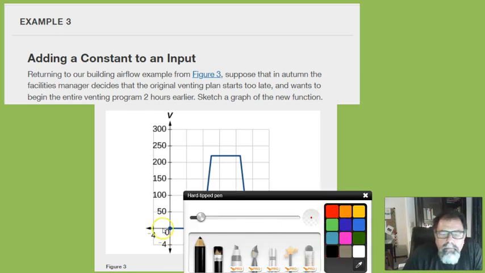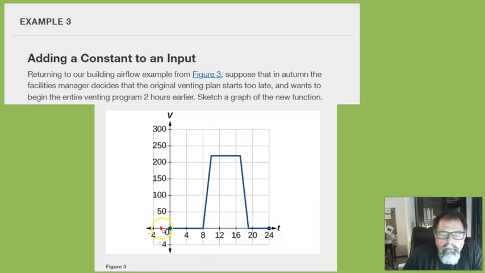So the new one would be, so that this 0, 0 will get shifted to here, minus 2, 0. And then this 8, 0 gets shifted back 2 units, so it'll be 6, 0. And then let's see, this one is about 10, whatever the 220, 220. So subtract 2 hours. So everything's getting shifted to the left 2 units.